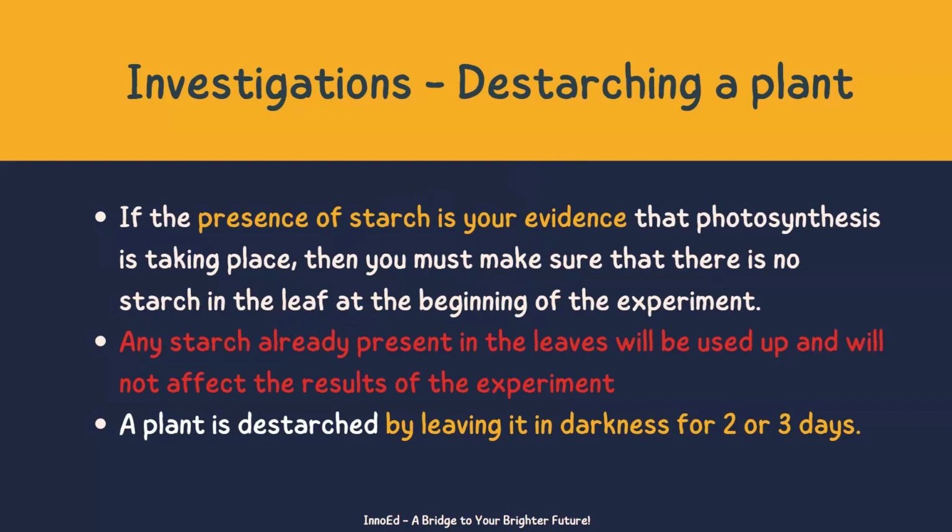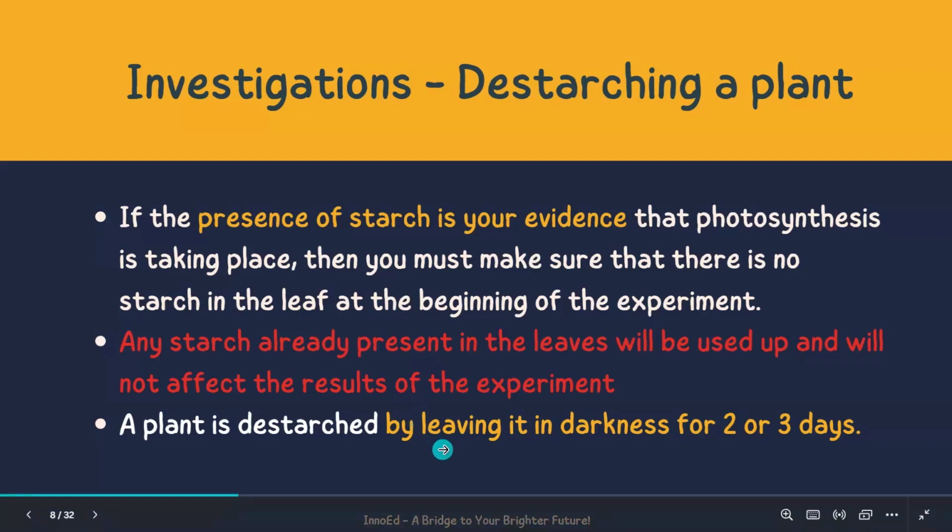It can confuse the result of the experiment. That's why we need to make sure that all the starch already present in the leaves before the investigation is used up before the investigation. This can be done by leaving the plant in the darkness for a few days.